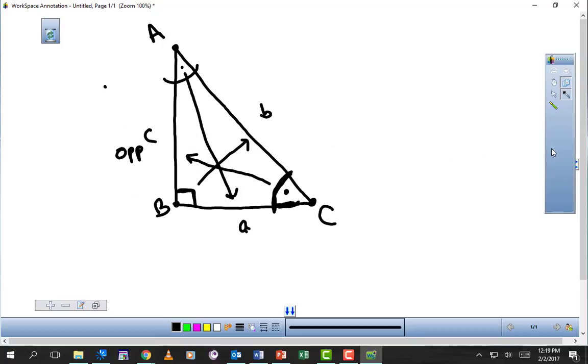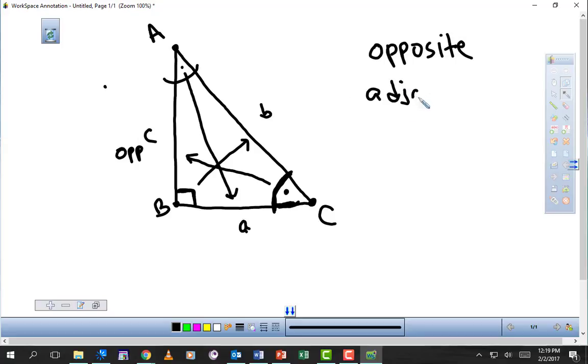Now, we also need to talk about what's called an adjacent side. We have three sides of a triangle: the opposite side, the adjacent side, and the hypotenuse.